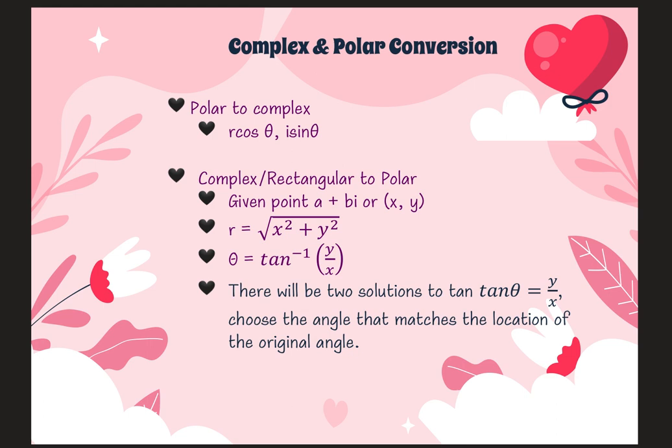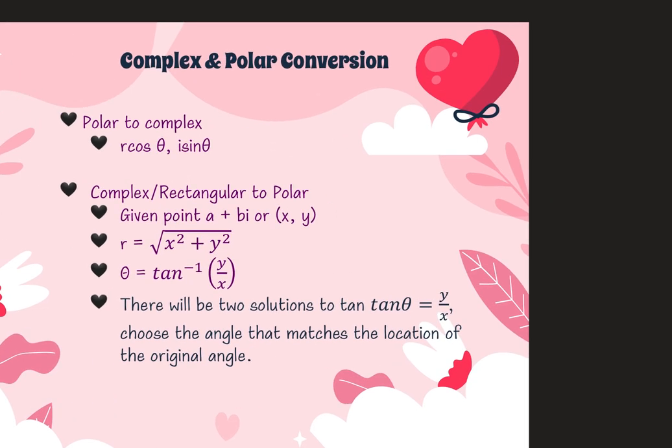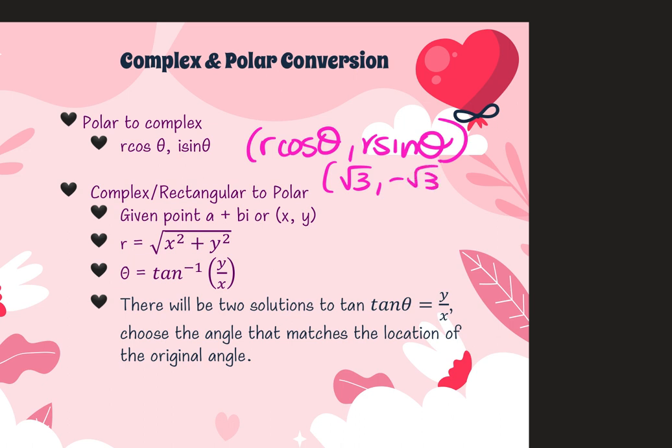So you do r times the cosine of theta and r times the sine of theta. If it wants it in rectangular form, you would just leave it as r cosine theta, r sine theta, and then figure out what those coordinate points are. So it might be something like √3, negative √3.